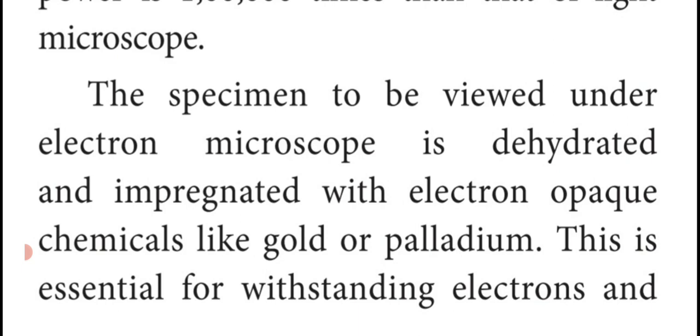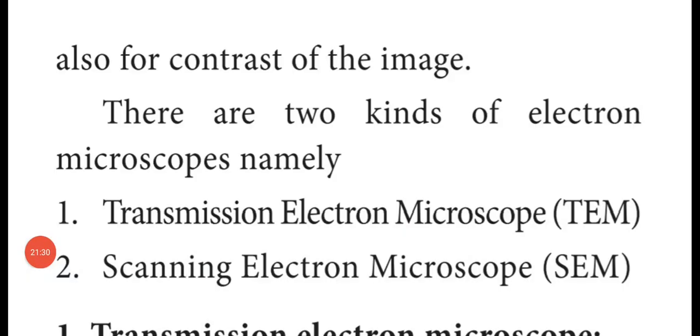Then only can it withstand the beam of electrons. So this microscope works depending upon the electrons and also the contrast of the image. It is divided into two types: transmission electron microscope, that is TEM, and scanning electron microscope, that is SEM.